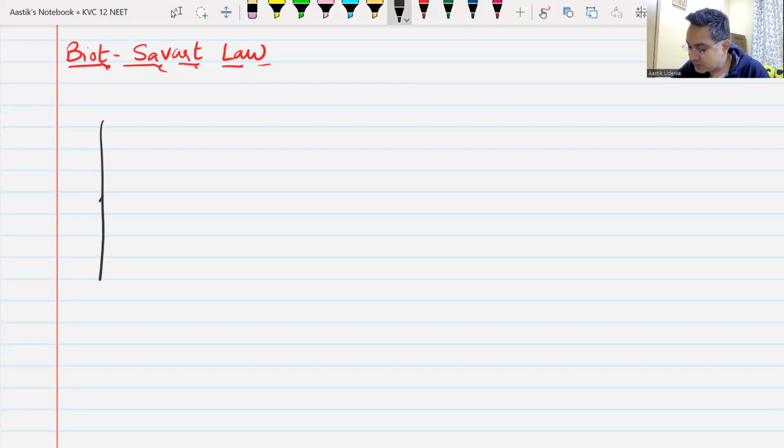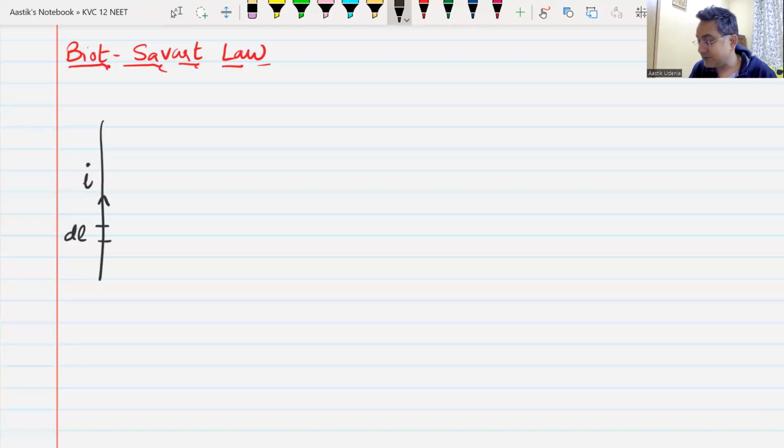Let us suppose I have a current carrying wire I, and I take a small element, and we already know this element is known as a small element, small segment. This element is known as what? Current carrying element.